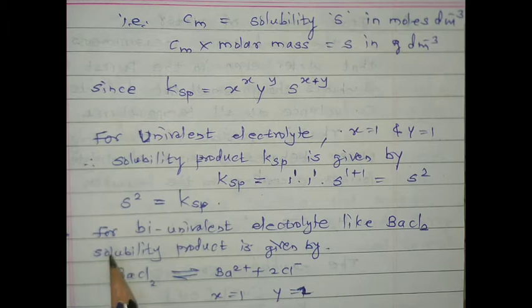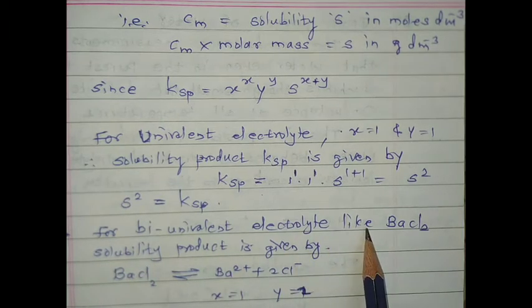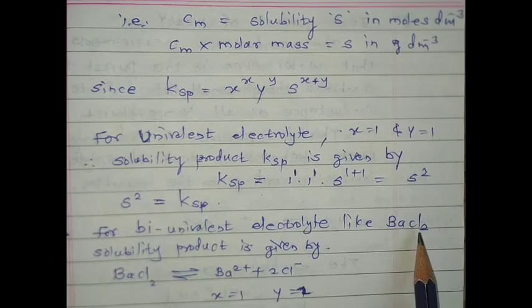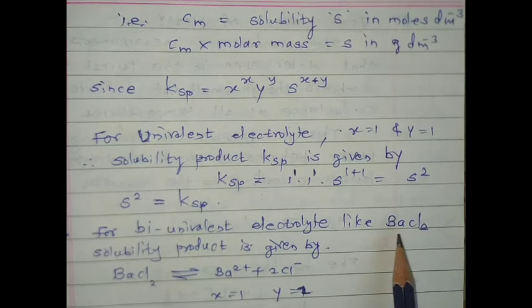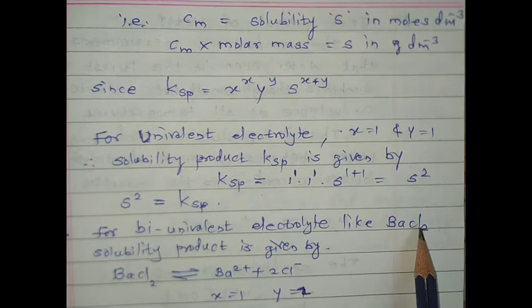Similarly, for a bi-univalent electrolyte like BaCl2, bi-univalent means here we have two anions. In BaCl2 the cation is only one, that is Ba, and there are two anions, 2Cl minus.